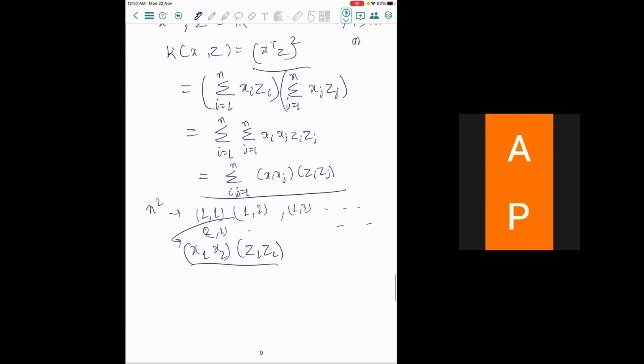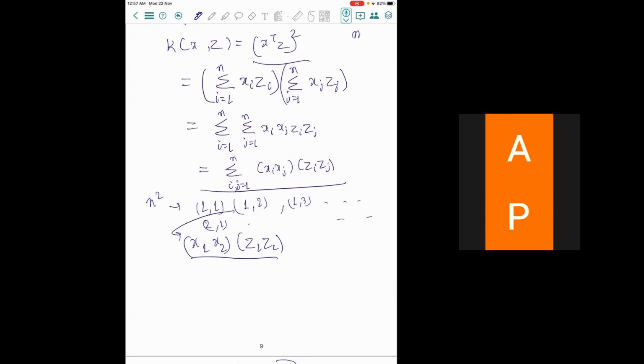This has the form of a dot product in some ways, because if we form the products of x, we get x1 x2, x1 x3, and so on, each multiplying the same index of the second data point, that is z.